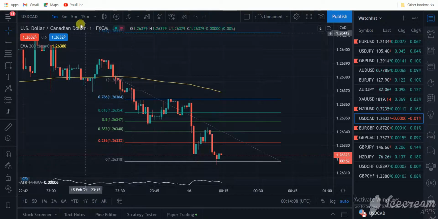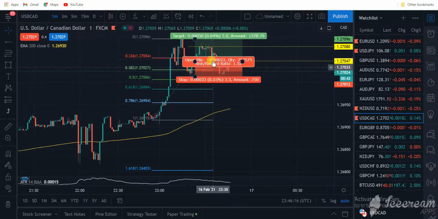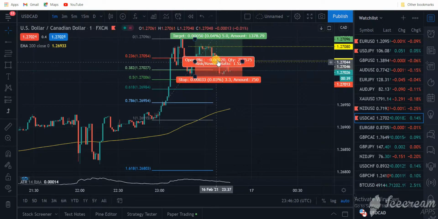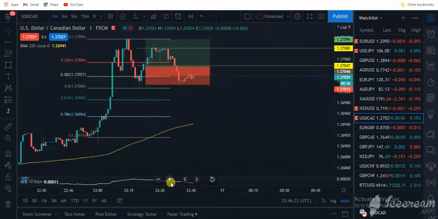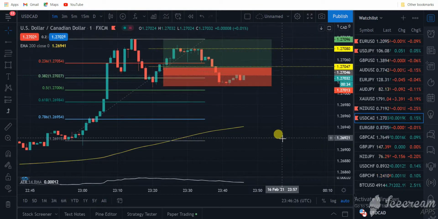And as you can see on the 1 minute time frame, USD JPY, USD Canadian dollar, we won this trade. And the trade number 2, just simple market trend movements, and the market retraced back to the 38 and the 50 zone, and I took my trade after the engulfing candlestick, and I moved my stop to break even, and obviously guys, we got stopped out on that trade.